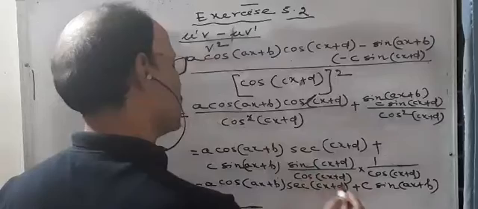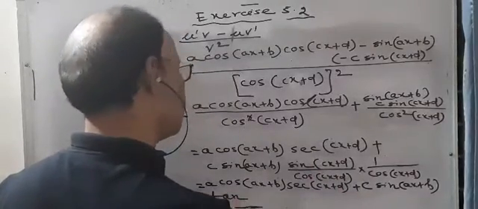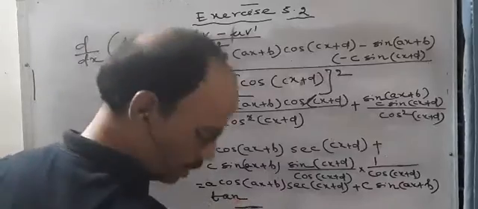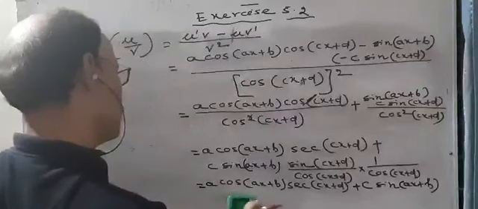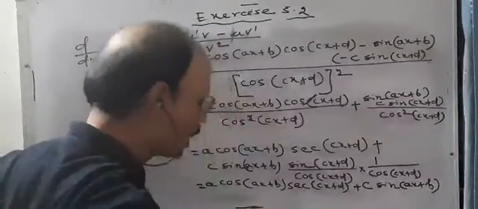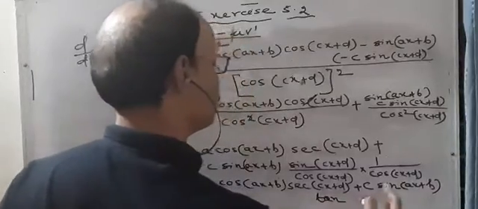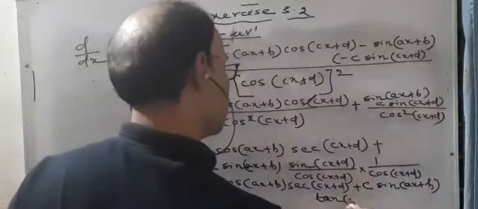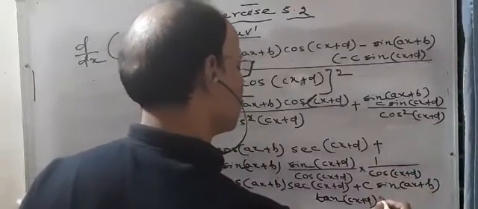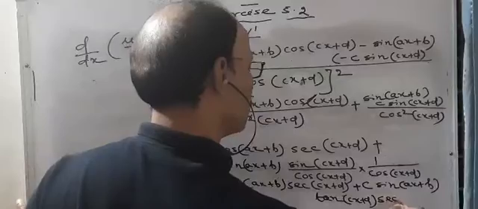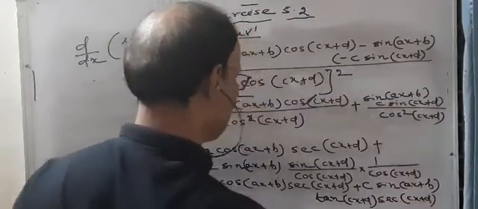Sin theta upon cos theta will be tan theta, so it will be tan cx plus d, then 1 upon cos cx plus d is sec cx plus d, and this is the answer.